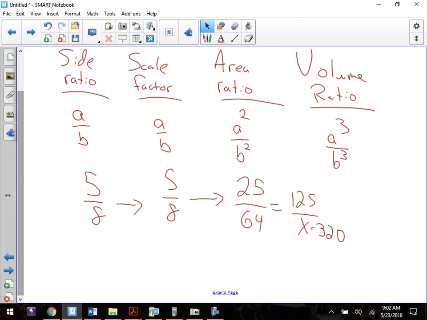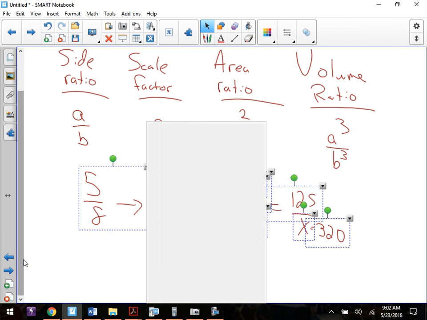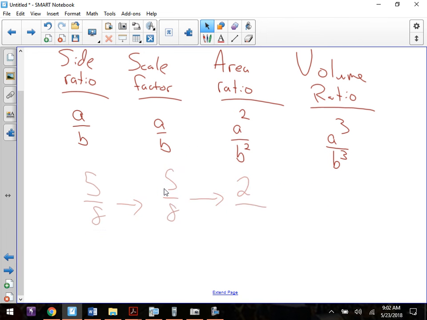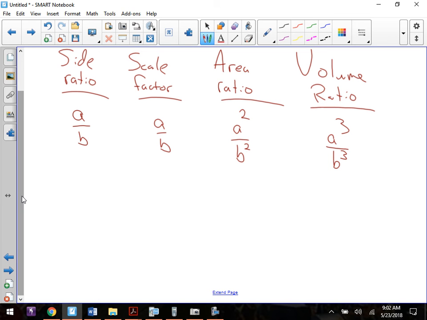So what we do here, same idea. Here they're starting with the area ratio at 27 to 147. And now they're trying to figure out, the side length of the larger is 35, find the corresponding side length of the smaller. So that means I'm going to side length, so I have to work my way to the left.